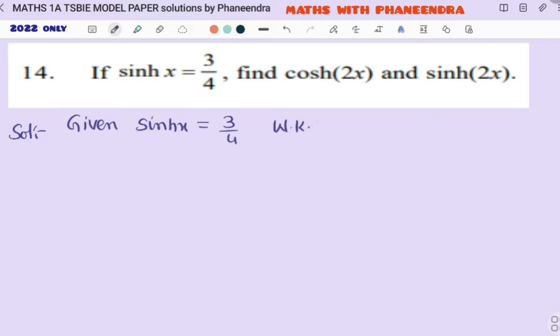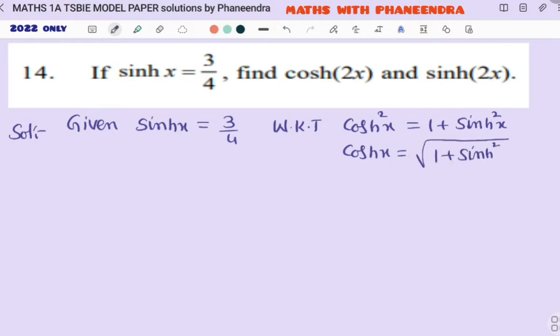So, from that we have the identity. We know that cos h square x is equal to 1 plus sin h square x. So, from this cos hx is equal to under root of 1 plus sin h square x.